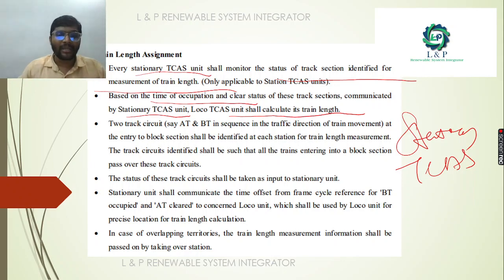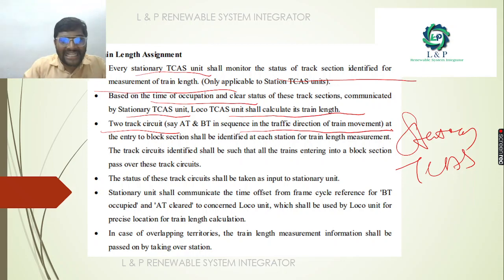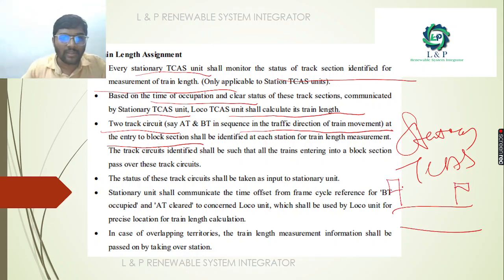Say, for example, consider we have two track circuits, AT and BT. They are in sequence with the traffic direction of the train movement at the entry of the block section. It means this is the track, this is the entry, and maybe this is going to be your exit. So the entry of the block section will be identified at each station for the train length measurement.